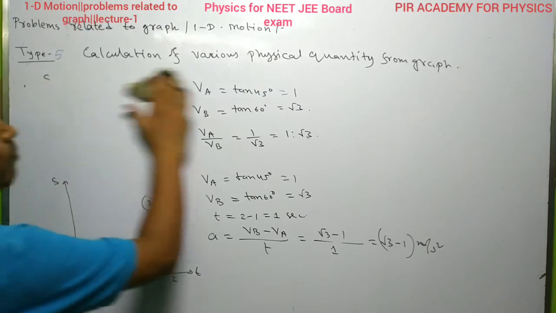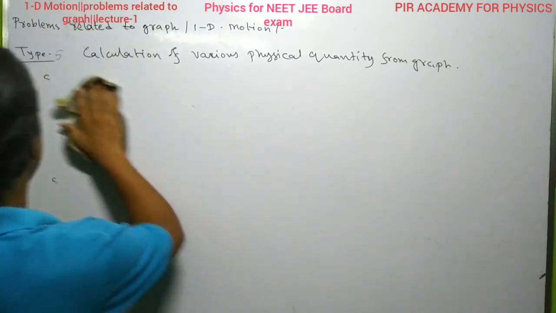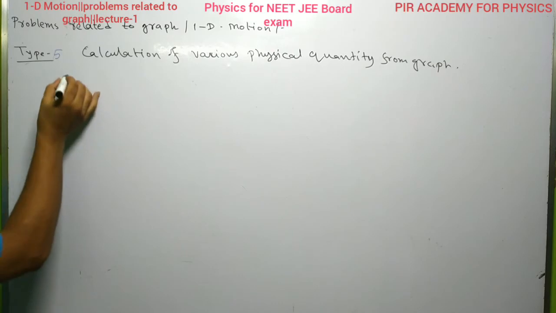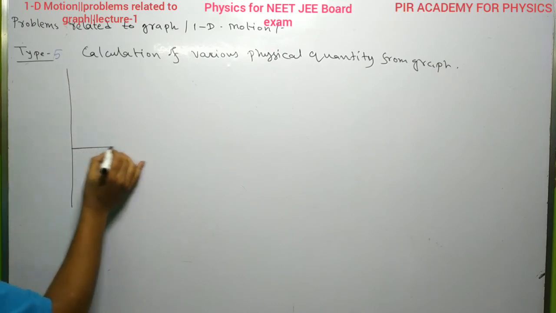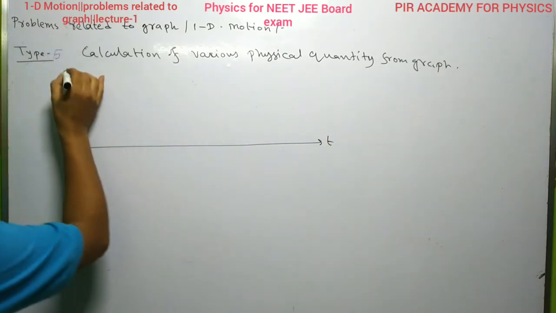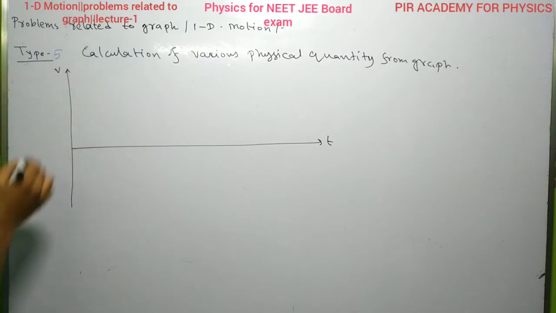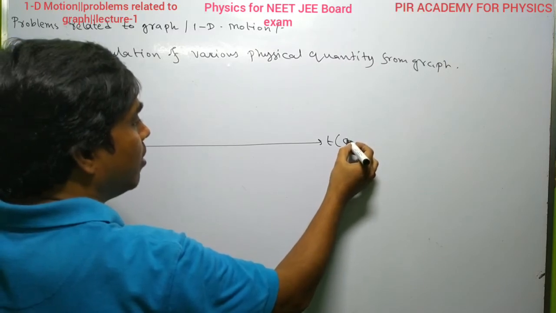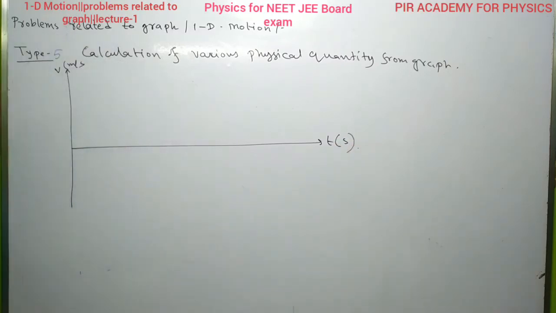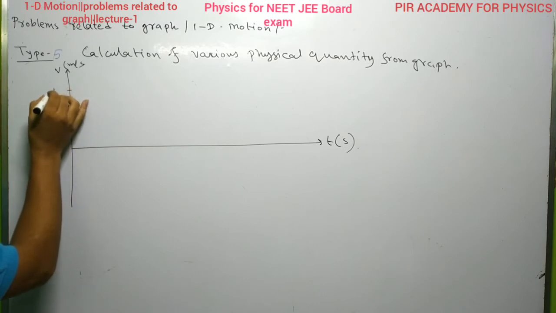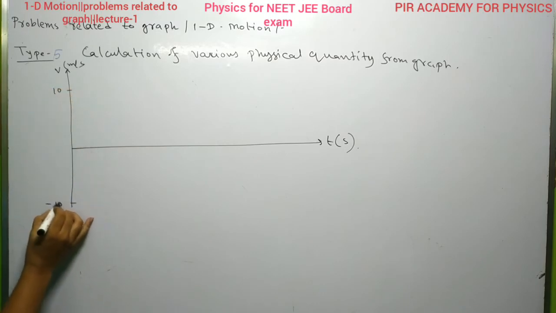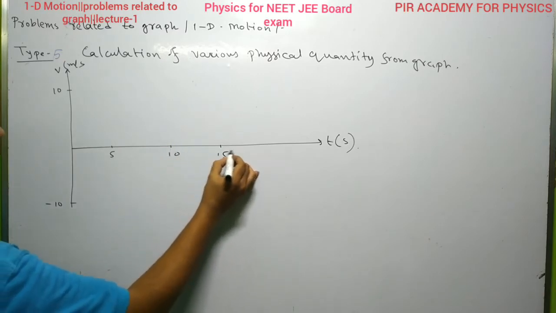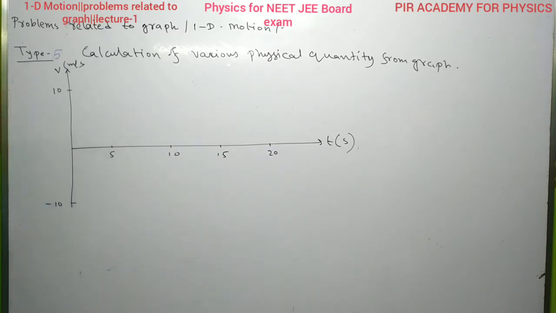Now another problem. Suppose this is T and here is V. V is in meter per second and here is seconds. Suppose this is 10 and this is minus 10. This is 5, this is 10, this is 15, here is 20.